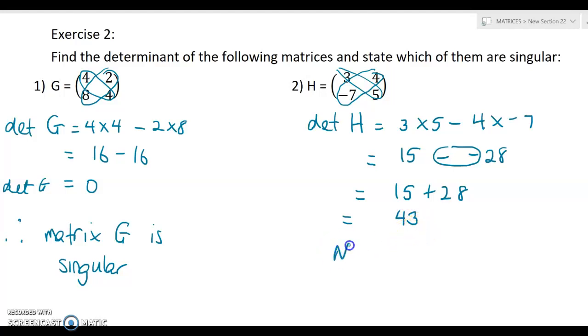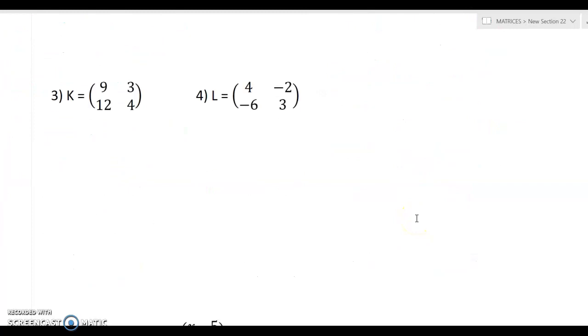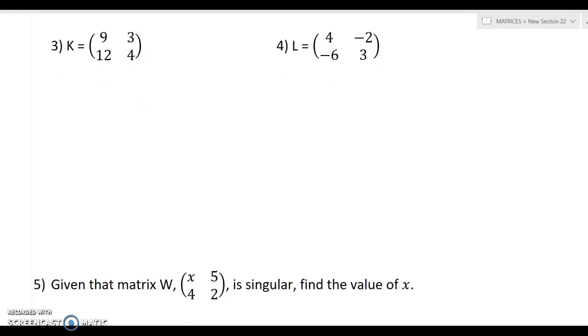So therefore, this is not singular because the determinant is not 0, right? So just keep that in mind. Just before we move on, a matrix is singular only when the determinant is equal to 0. If it's not equal to 0, then it's not singular. Alright, so let's look at the next two we have here. And we have a question below there.